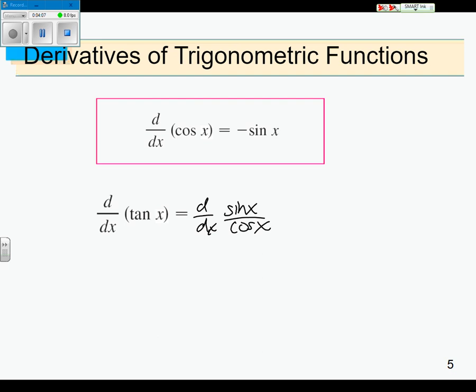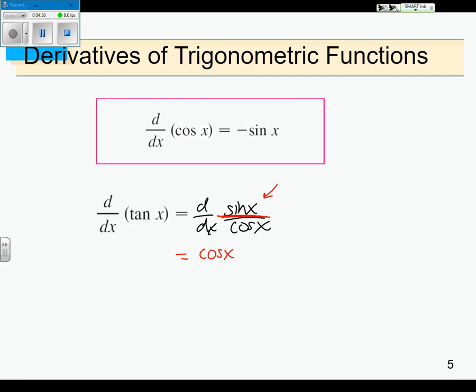Now, be careful. I switched this, and I have a quotient, meaning I need to use my quotient rule in order to find the derivative of tangent. My quotient rule, not my quotient property, quotient rule. So my quotient rule says that I need to take the derivative of the top first. The derivative of sine, we said, was cosine.